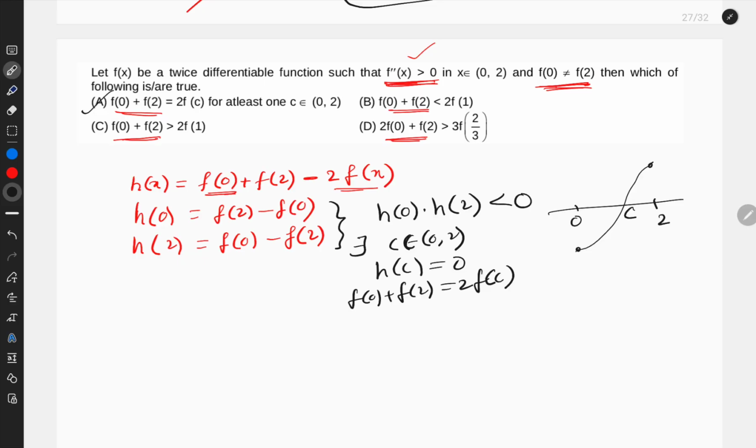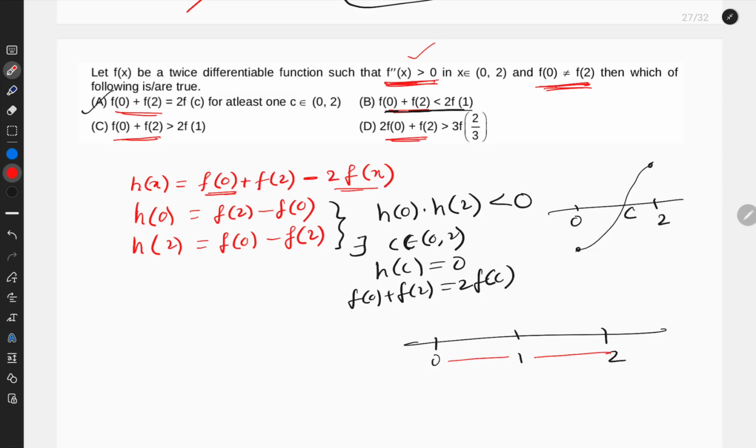Now look into the second option. In all options they have nicely framed it in such a way that you have to apply the same LMVT for different intervals. If you look at option B, we have 0 to 1. On the number line, you may apply LMVT for 0 to 1 once and 1 to 2 also once. Then you can involve the values f of 0, f of 1, f of 2.